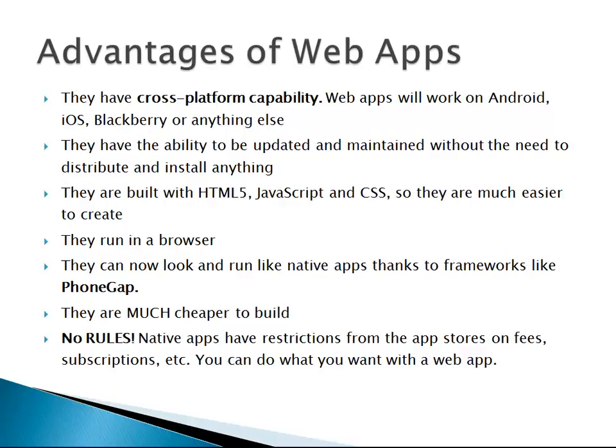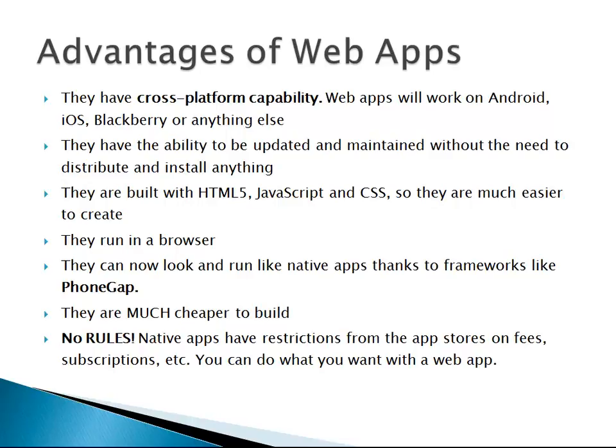They have the ability to be updated and maintained without the user having to distribute and install anything. So the user visits the app and it's automatically the latest version because the developer has updated it. But with native apps, you have to actually download and install every update, which can be a real pain.